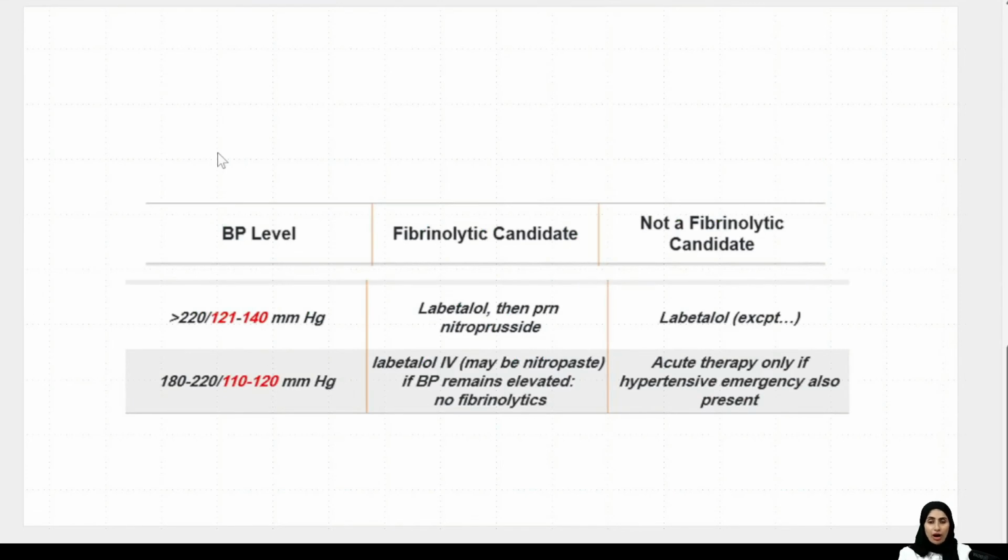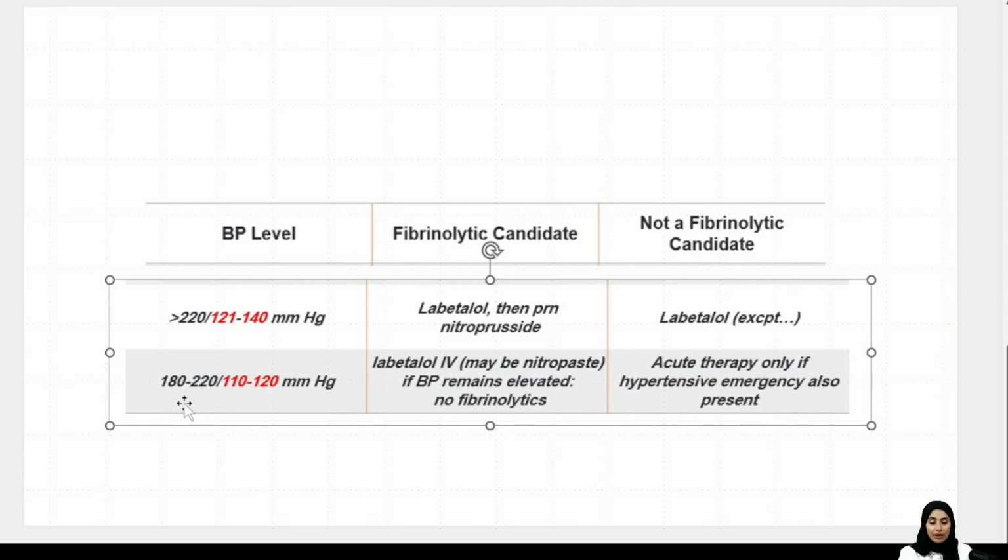If blood pressure is high and the patient is a candidate for fibrinolytic, with blood pressure more than 220 over 120, we should give labetalol to reach the target blood pressure of 185 over 110 to give the IV tPA. But if the patient is not a candidate for fibrinolytic therapy, we should keep the blood pressure less than this target. So if it reaches more than 220 over 120, again labetalol should be given.